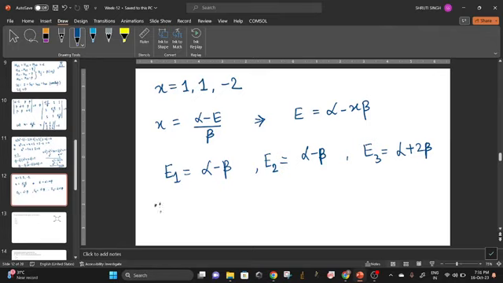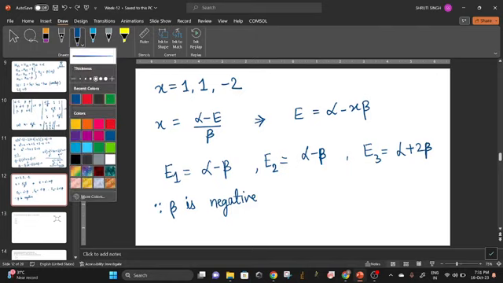Since beta is negative, let's take beta as something negative. Then this term will be of lowest energy, and these two energies will rise up.